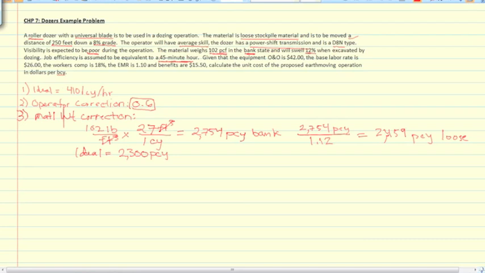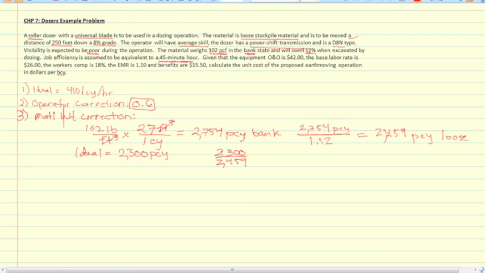To get the correction factor for the material weight, we take 2300 and divide it by our actual 2459. You can think of this equation for the weight correction in the same way that we thought about the swell factor.